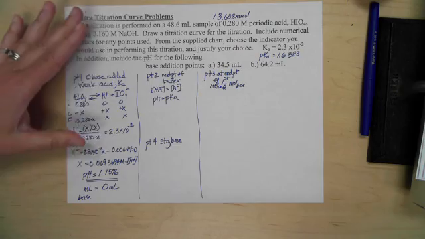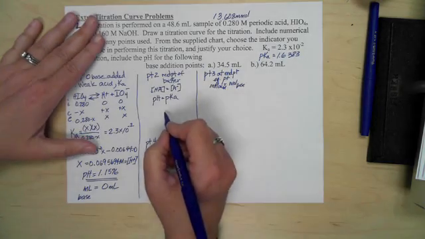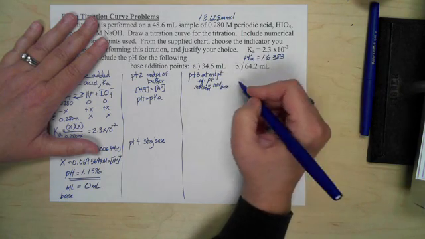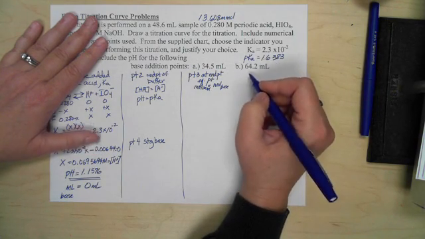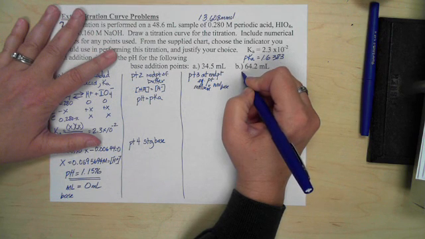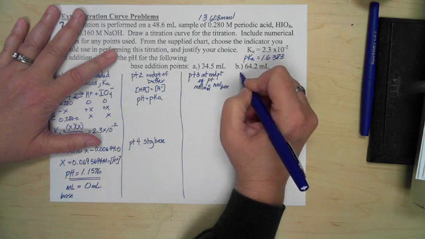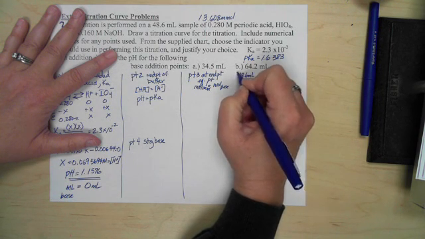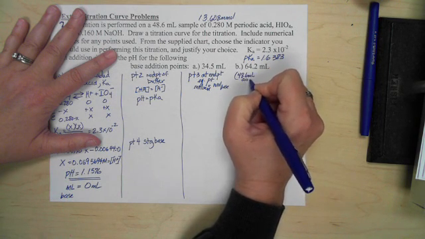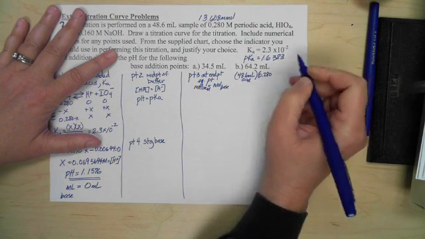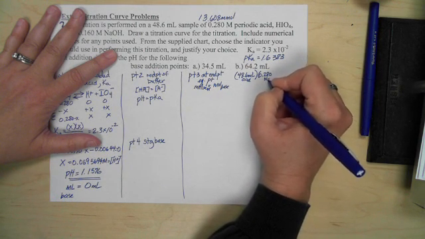Okay? So we're done there. So we're going to do point 2, but before we do point 2, let's look at point 3. Well, we said the moles of the acid have to equal the moles of the base. So in order to get the moles of the acid, that's going to be our volume, 48.6 milliliters of acid, times our concentration, 0.280 molar acid.